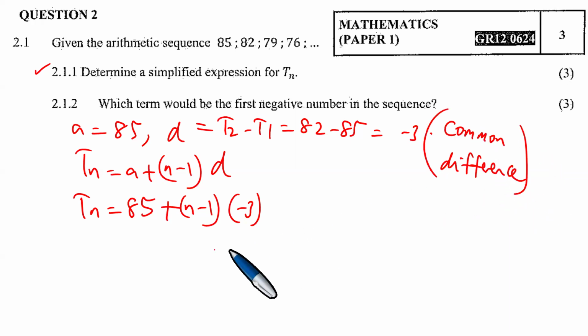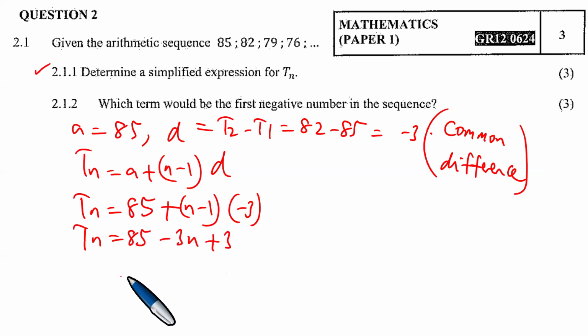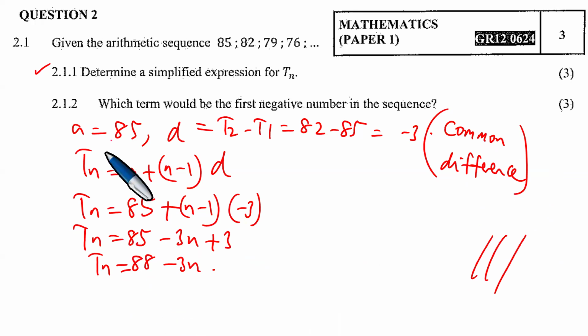So you have Tn equals 85 minus 3n plus 3. And 85 plus 3 is exactly 88, minus 3n. So in the end this becomes the actual solution. We determine the simplified expression for Tn, and therefore Tn is 88 minus 3n.